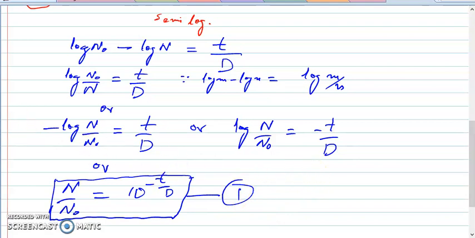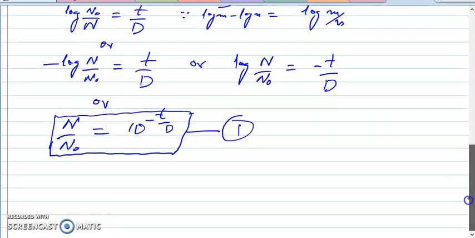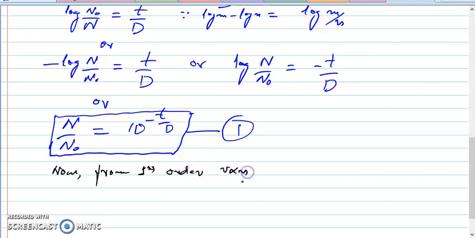Now from the first order reaction, as we consider the microbial death pattern follows the first order reaction.